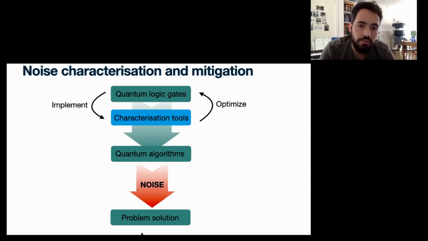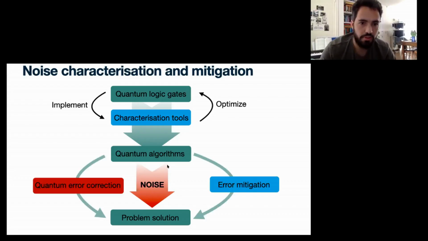And then in order to deal with this blocked path, there's basically two things that people have come up with over the last 2 decades or so, which are side routes, and they are quantum error correction and error mitigation. And I want to really emphasize that these are two different things.